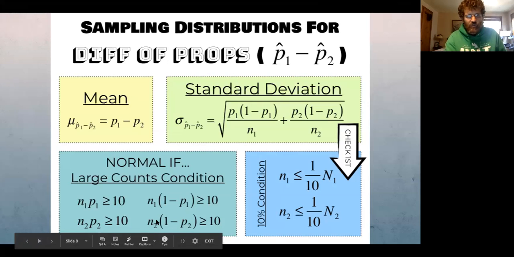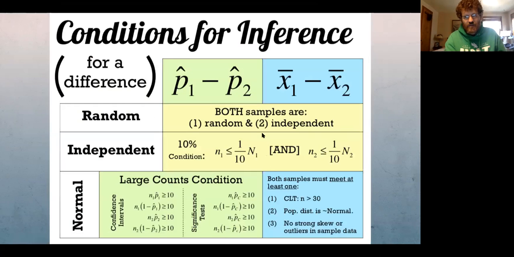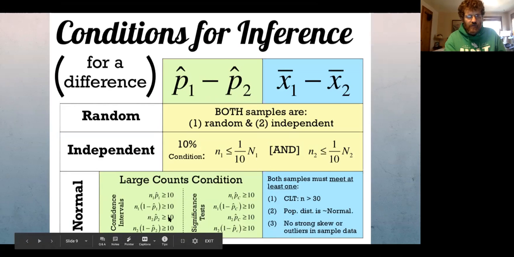We'll run through this check in a little bit. And both of them also have to pass the 10% condition. Here's that summarized. You can see your proportions right here. Both samples are random. Both meet the 10% condition. And for confidence intervals, you need to meet this condition.